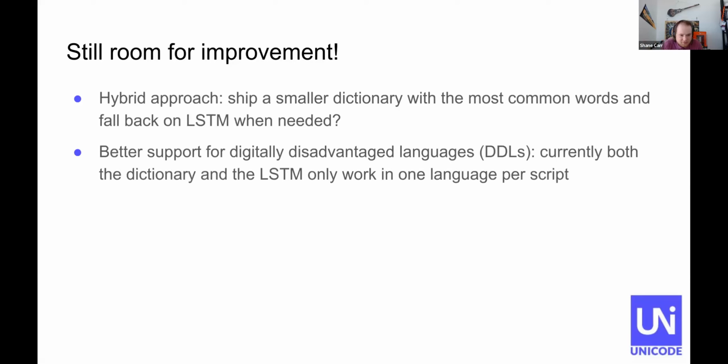Another big priority, especially for me, I take this one very seriously, is how we can have better support for digitally disadvantaged languages. Currently the dictionary and LSTMs only work on 1 language per script. This is actually a really good reason why machine learning is a good option here, because it's very easy for a machine learning model to learn the different characteristics of different languages that use the same writing system.